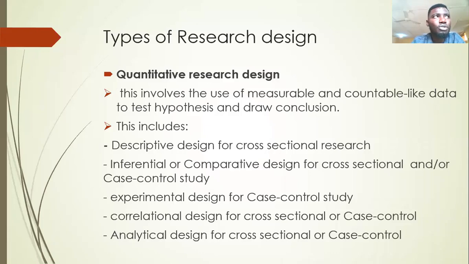Maybe it's their PCV you want to use to find the differences. You want to check the effect of the drug on the PCV of the laboratory animals. So you find two groups of animals, one will be the control, the other will be the case. You won't give the control anything, and you give the case the drug.